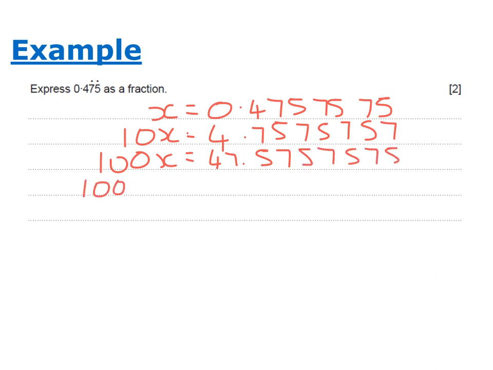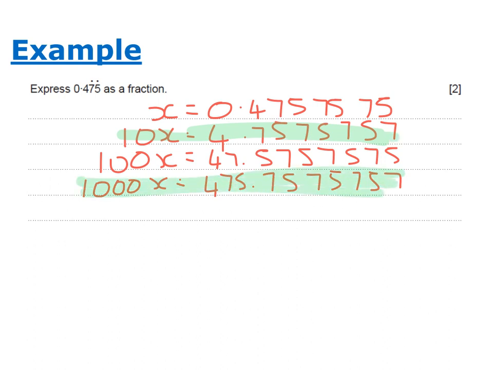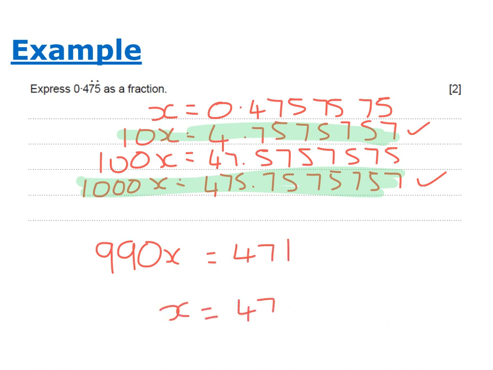And so 1000x will be 475.7575. We've now got a match. 10x and 1000x once again. So those are the two I'm using, which gives me 990x. 475, take away 4 is 471. So x must equal 471 over 990.